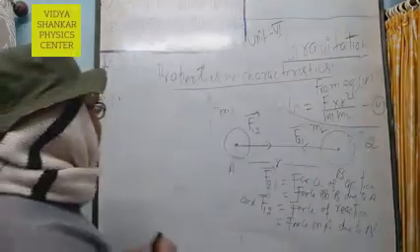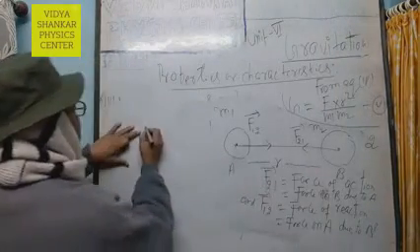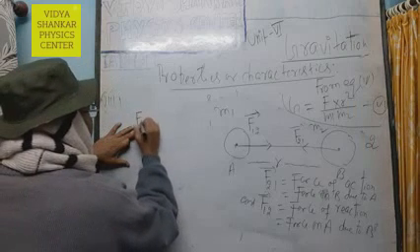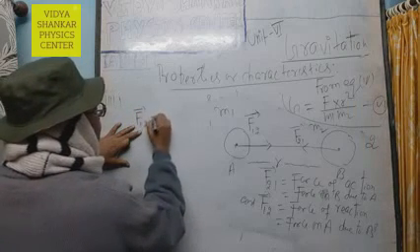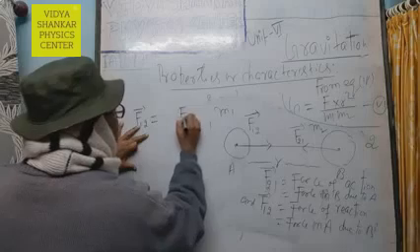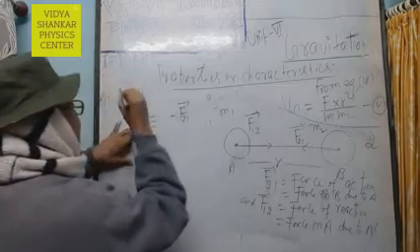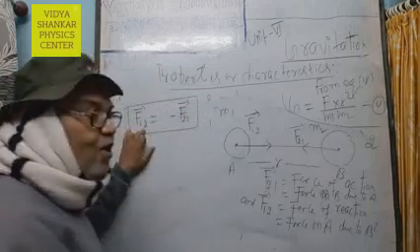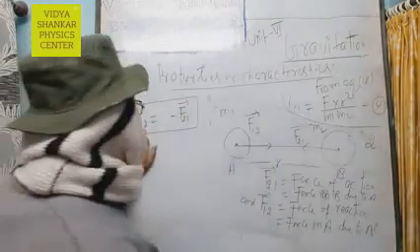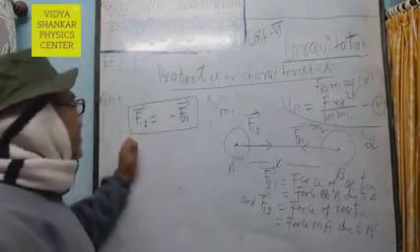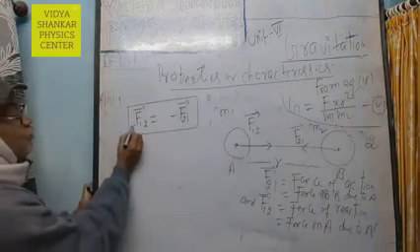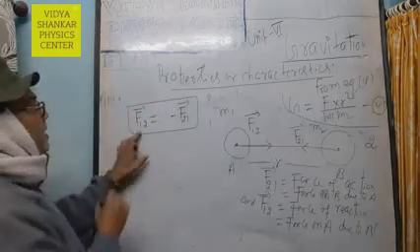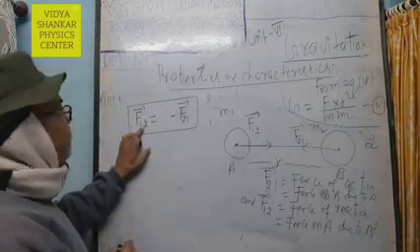Force of action, force of reaction: F12 vector equals F21 vector in magnitude. The F12 vector is the force of reaction, meaning the force on body A due to the second body.